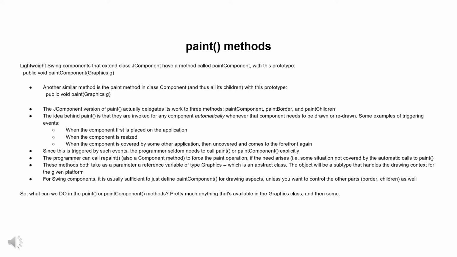For Swing components, it is usually sufficient to just define paintComponent for drawing aspects, unless you want to control the other parts, like borders or children, as well. So the question here is, what can we do in the paint or paintComponent methods? And the answer is pretty much anything that's available in the graphics classes.